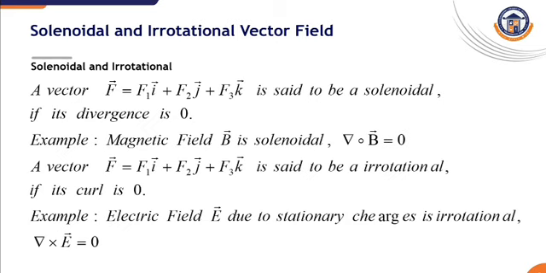For example, the magnetic field B vector is solenoidal, so del dot B vector becomes zero. A vector F is said to be irrotational if its curl is zero. For example, the electric field E vector due to stationary charges is irrotational, so del cross E vector becomes zero.